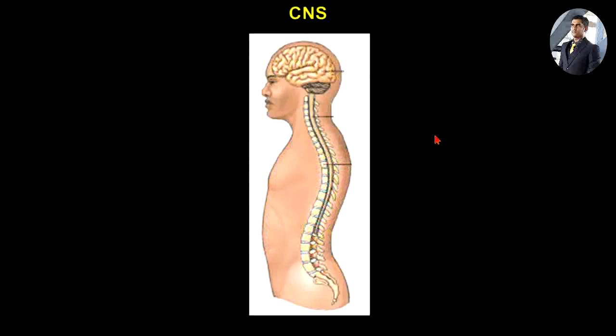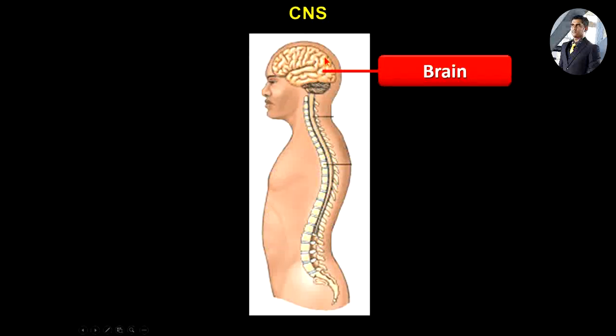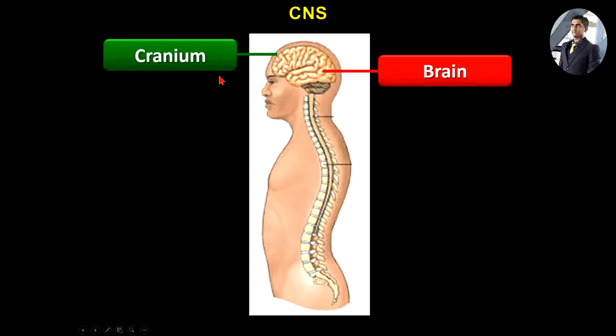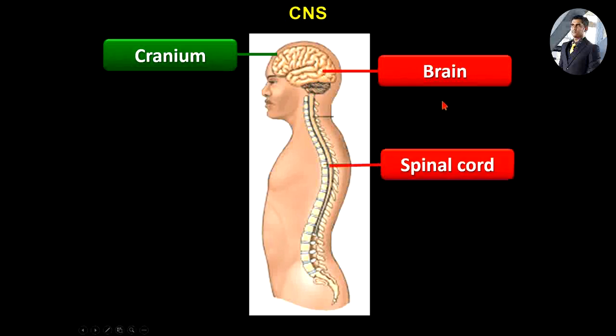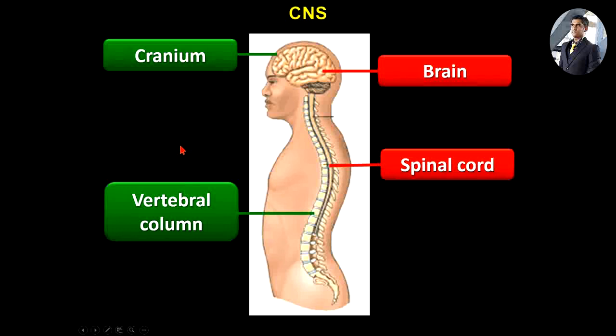The central nervous system consists of the brain, which is located here, and the brain is fully protected by a bony structure known as the cranium. Extending ventrally, or downward, from the brain is the spinal cord. This is the spinal cord, which is fully protected by the vertebral column.